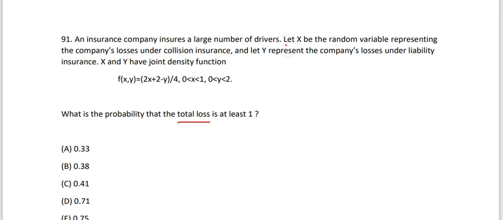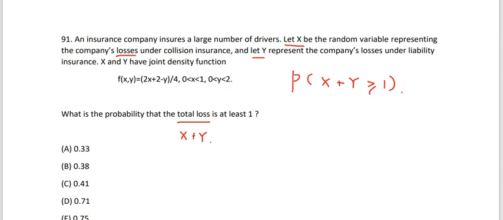X is this loss, and Y is the collision insurance loss. So the total loss is X plus Y. What we want to find is the probability that the total loss is at least 1, or larger than 1.